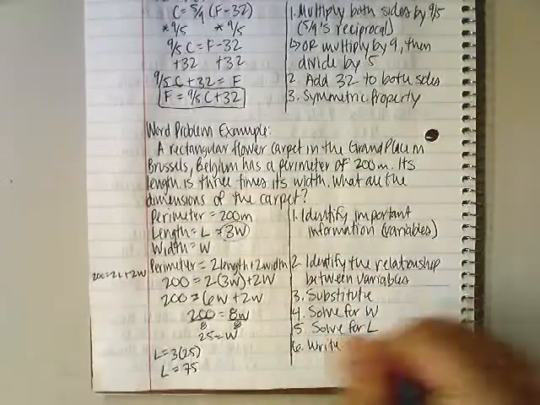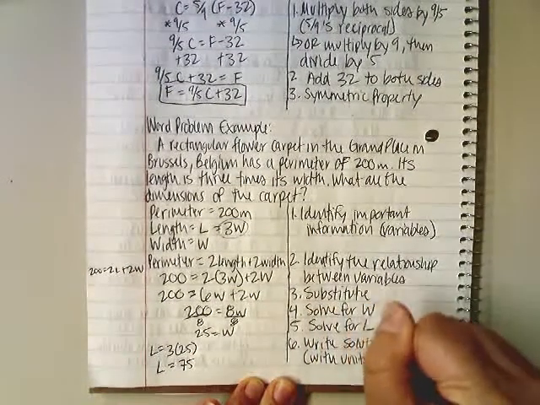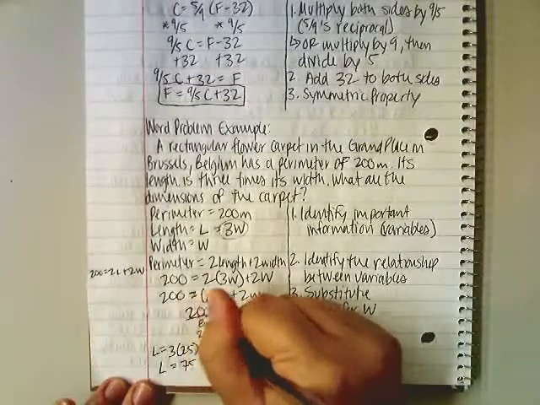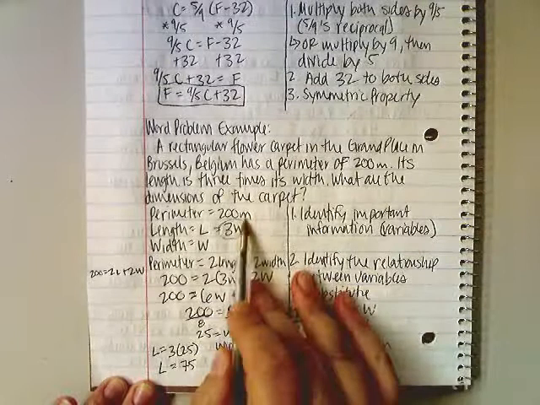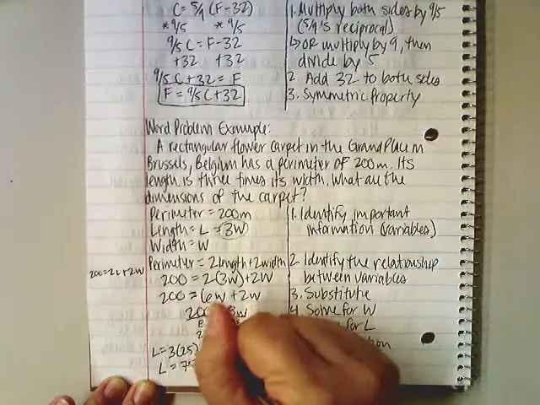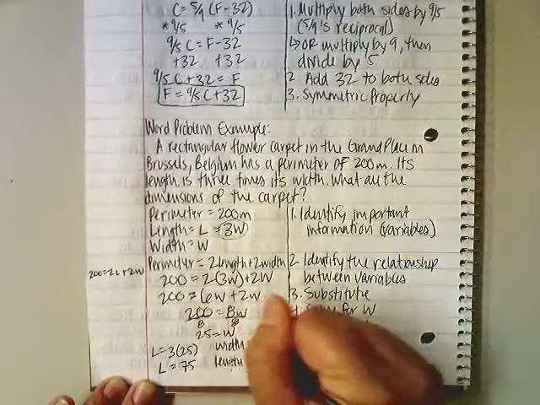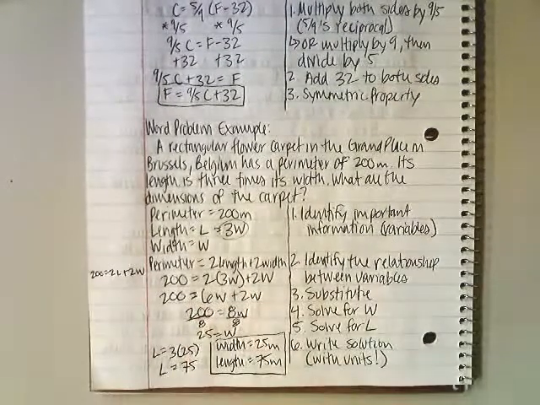An important thing, always include units. So my width is equal to 25. I know my perimeter was given in meters, so 25 meters, and my length is 75 meters. And that is my solution.